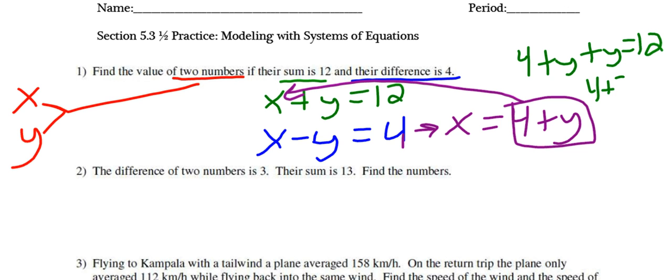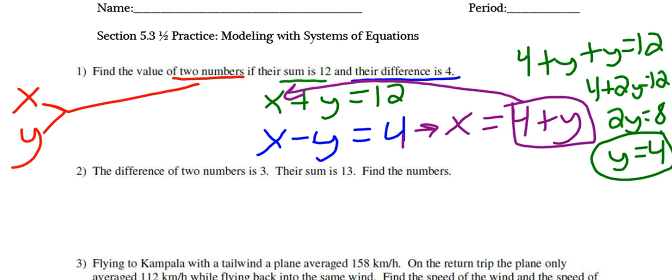So 4 plus 2y equals 12. 2y equals 8. So then y equals 4. And if y equals 4, to figure out x, plug it back in. So x equals 4 plus 4 for y. So x equals 8. So those two numbers are 8 and 4.